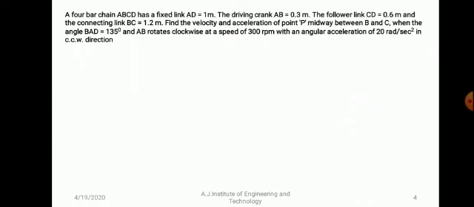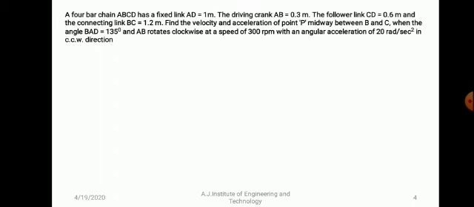A 4-bar chain ABCD has a fixed link AD of 1 meter. The driving crank AB is equal to 0.3 meter. The follower link CD is equal to 0.6 meter. And the connecting link BC is equal to 1.2 meter.